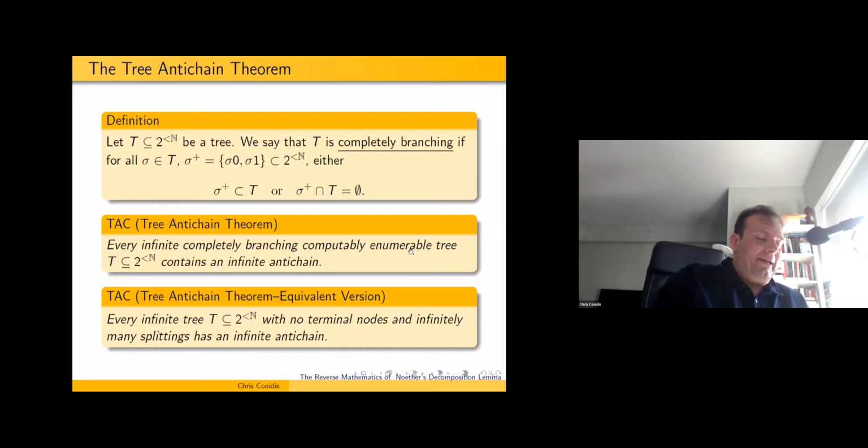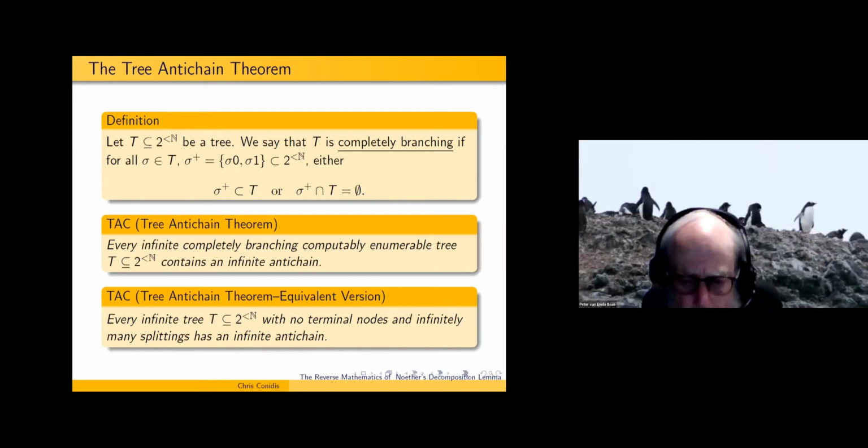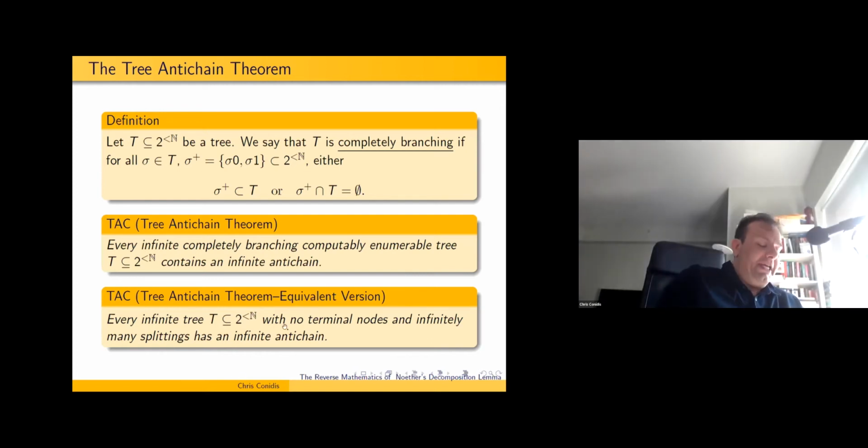And in the first of these two versions, you have computability as a requirement, and it's not in the second one. Is it needed there also? Yes, it is needed. So the first version is computably enumerable, and the second version is just computable. So I've left out the word computable.